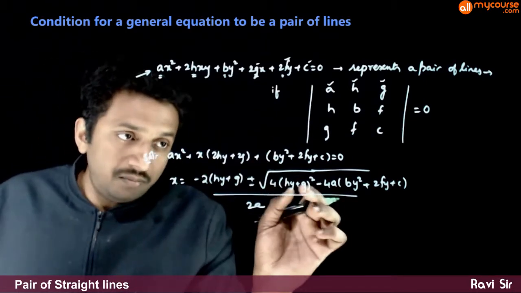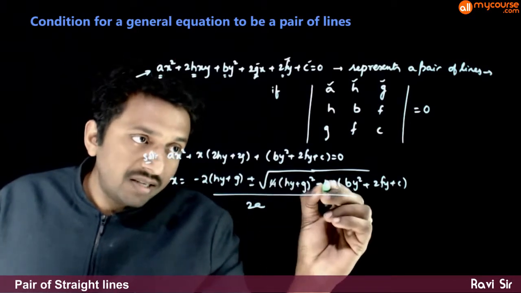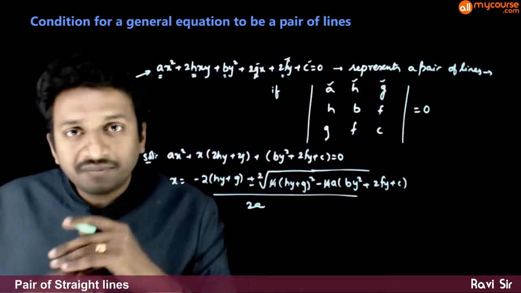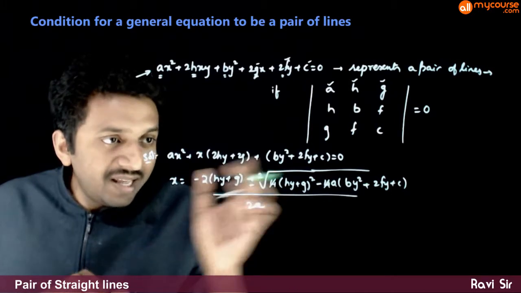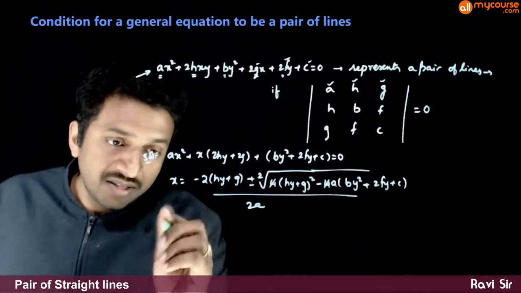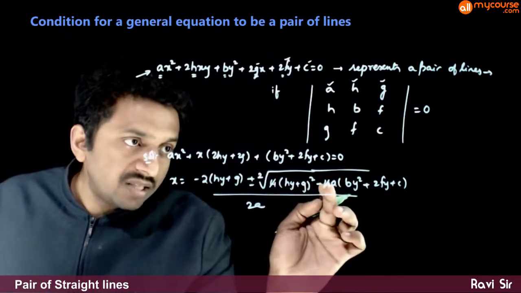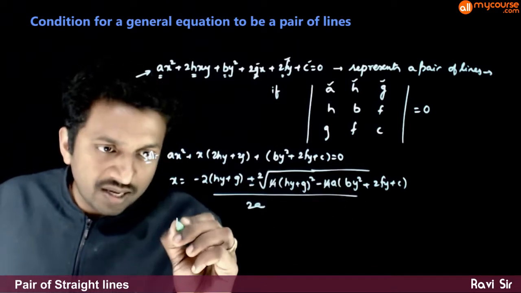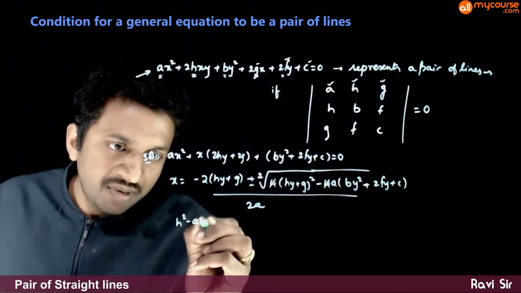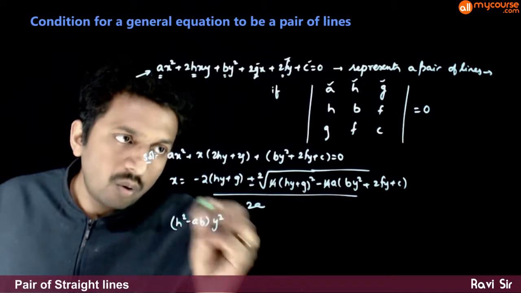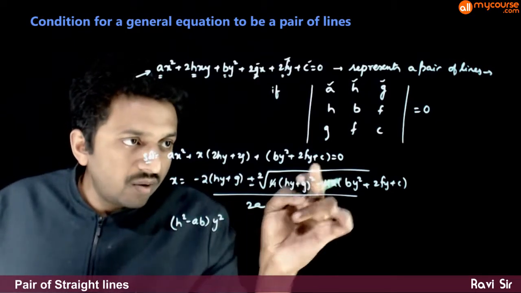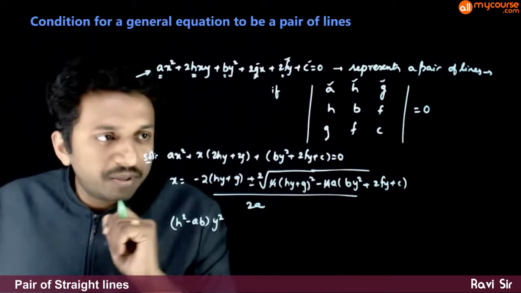Now this 4 and this 4 becomes 2 outside. The remaining expression is, as you can see, h²y² - aby². So (h² - ab)y².